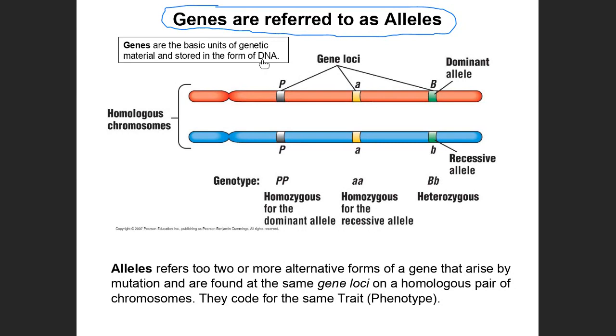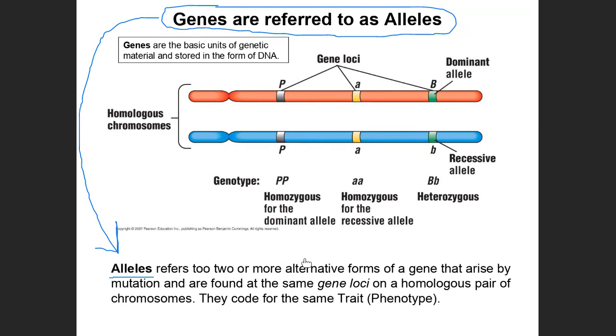All right. Now, as far as why genes are referred to as alleles, it's down here. This term alleles is used to refer to that often for a single trait, there are usually two or more genes that will code for that one trait.